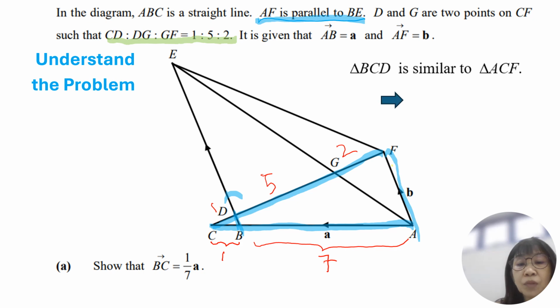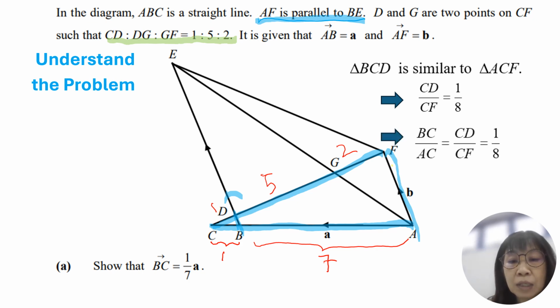Based on this, since CD to CF is 1 is to 8, I can also conclude that my BC to AC is 1 is to 8. Once I have all this information, to show that BC is equal to 1 over 7a is actually very simple.